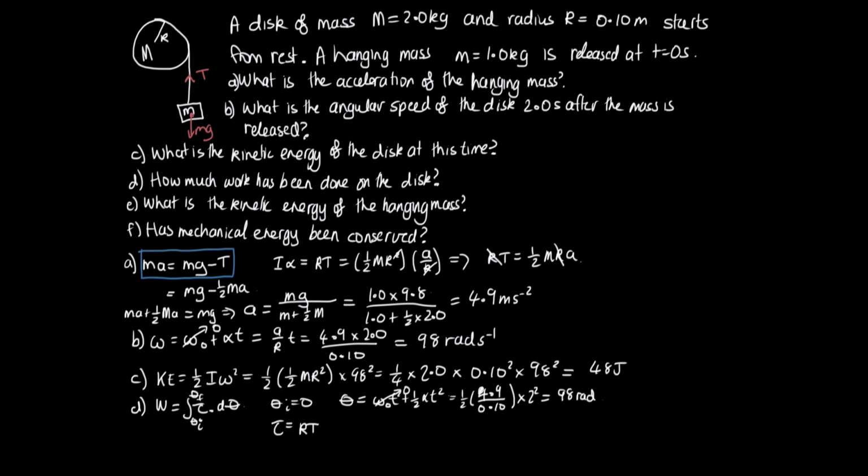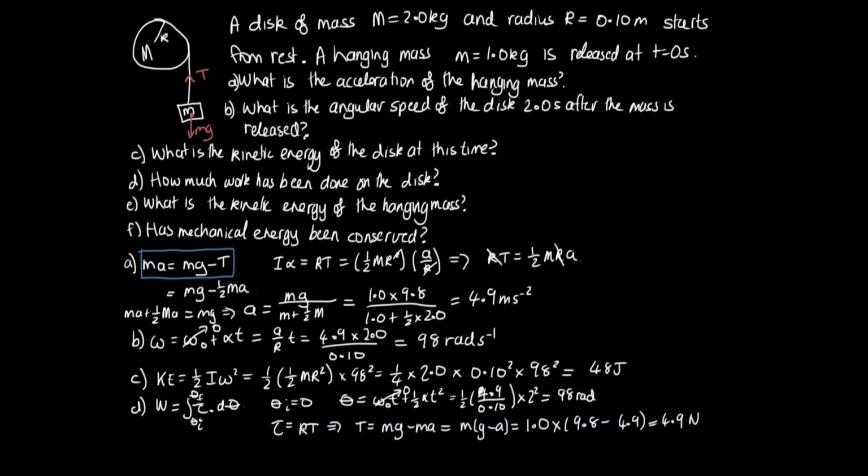Rearranging that equation to make tension the subject, we end up with tension is equal to mg minus ma, and so this is equal to m(g minus a). This m is the hanging mass. So this is 1.0 times (9.8 minus a), which we calculated in the first part as 4.9. So this is equal to 4.9 newtons.